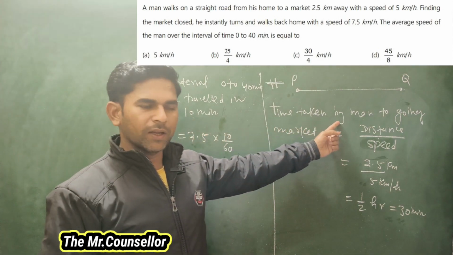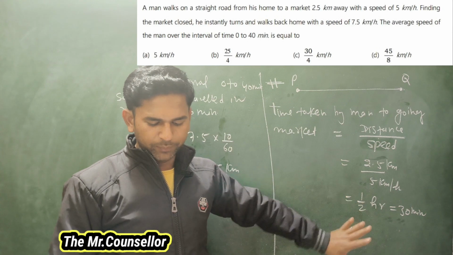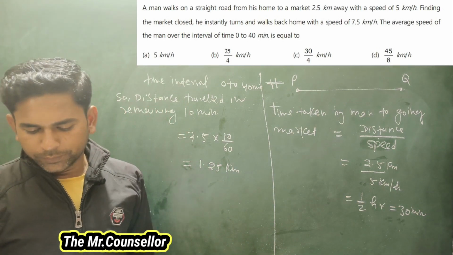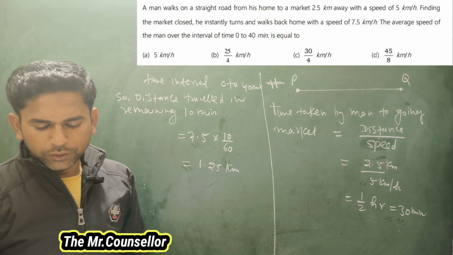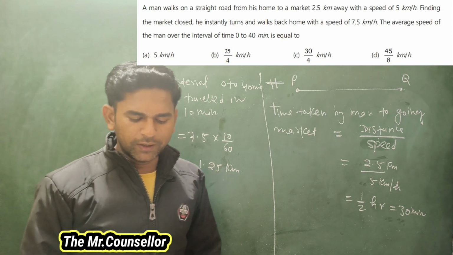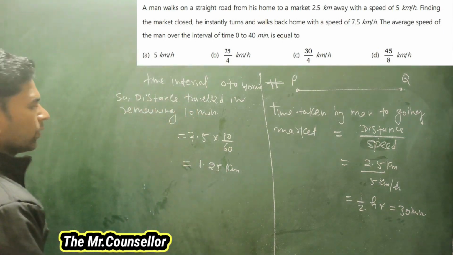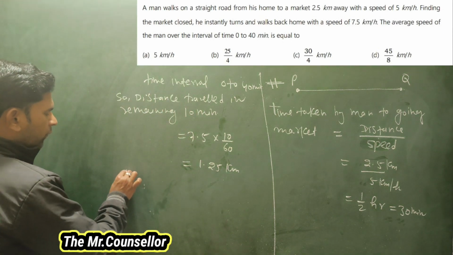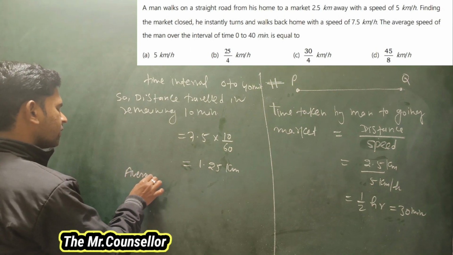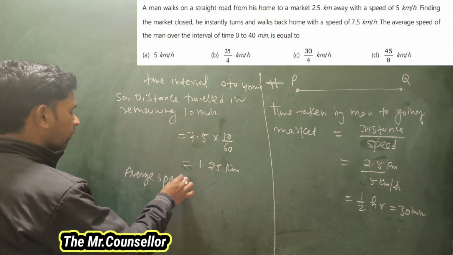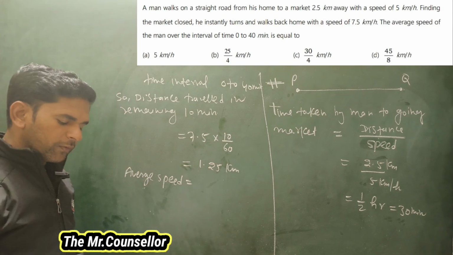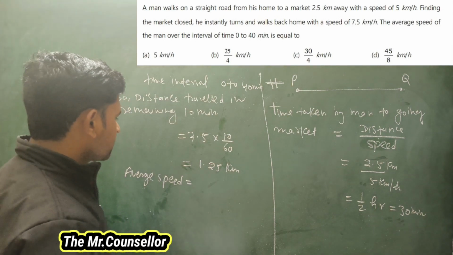So this is the time taken. Okay, so you got two points. When you have got the two points, what are we going to find? Average speed. If we are going to find average speed, you know the formula: total distance upon total time.